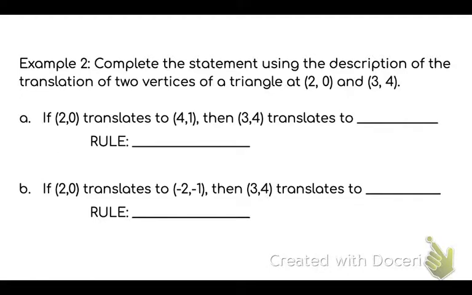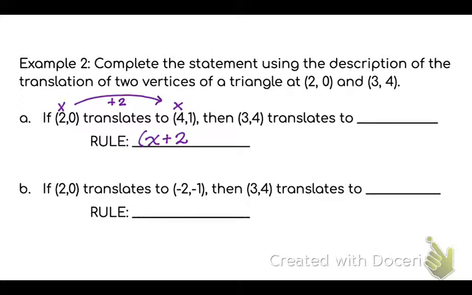First we're going to look at the x values of those ordered pairs. We went from 2 on the x-axis to 4 on the x-axis. To go from 2 to 4, we're going to add 2. So to write the rule, we take our x value and add 2.